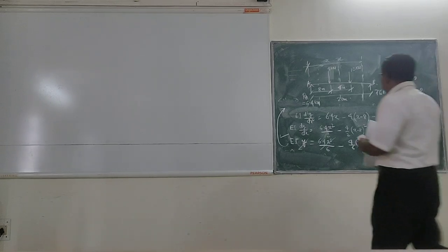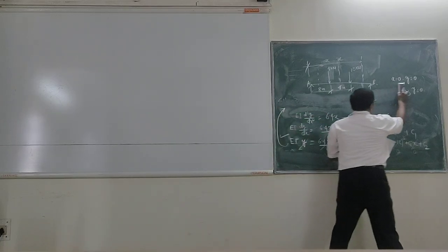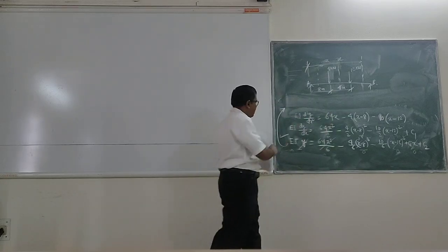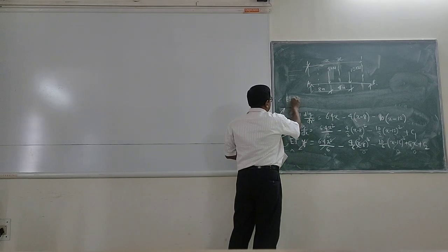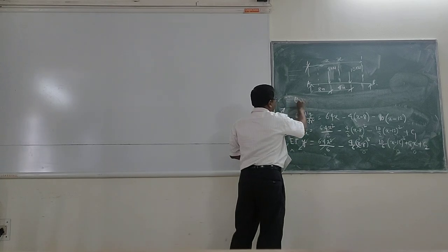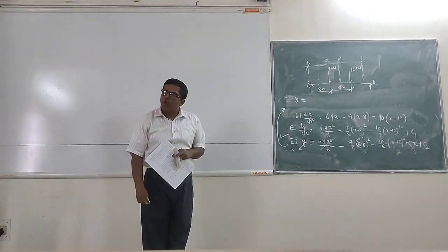So now let's put it. I am erasing this part, so that I have space to write it over here. So you see, EI y into 0 will become equal to 0. So this left hand side will become equal to 0. What will be the right hand side? x is how much? 20.